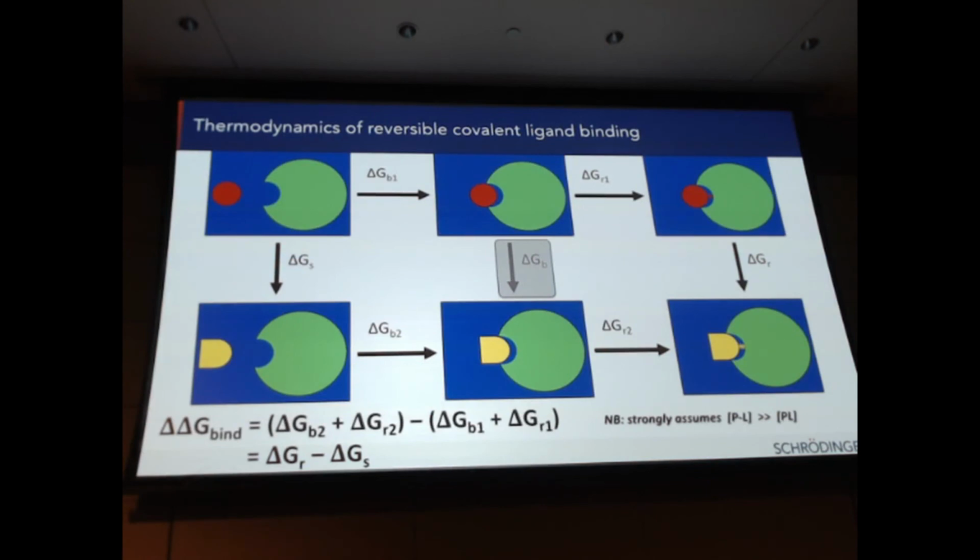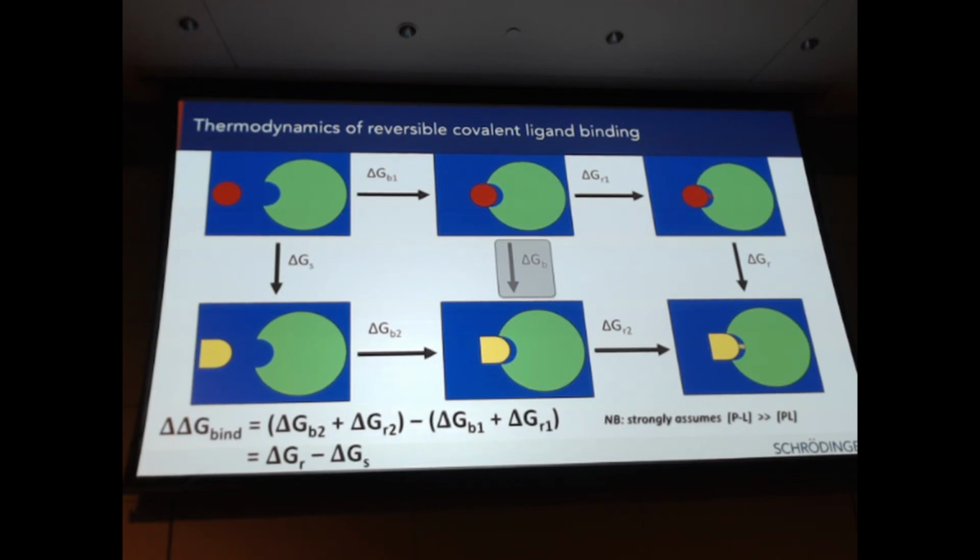So the thermodynamic cycle of reversible covalent inhibitors is shown here. The first step forms a non-covalent complex, and then the chemical reaction happens. If the reaction is reversible, then the binding affinity is determined by the relative affinity among those states.